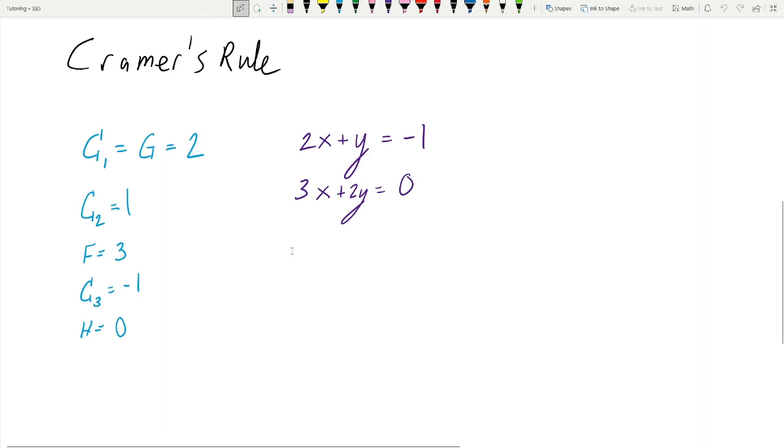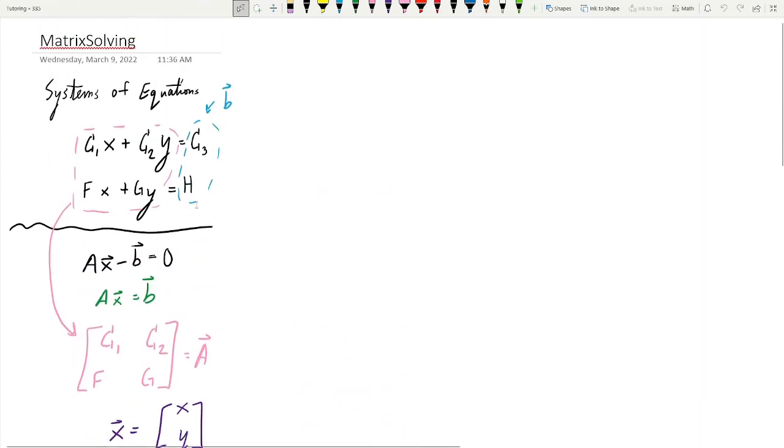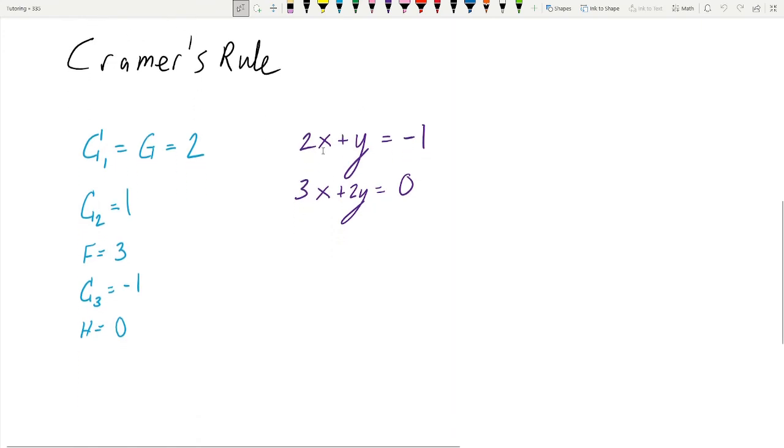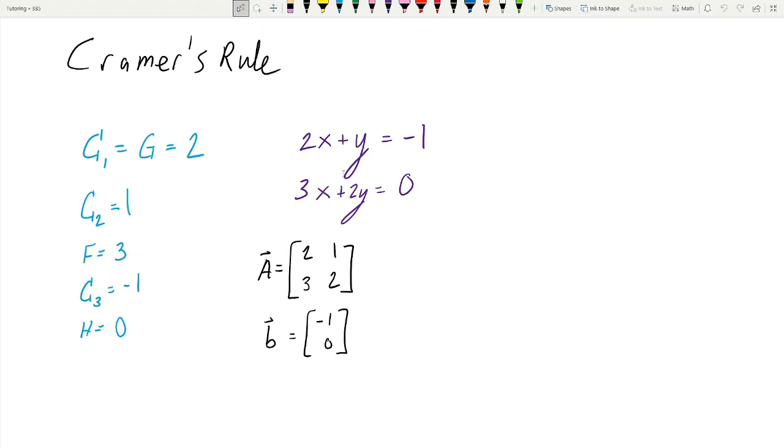Let me double check. Yep, okay, I believe I put that in there right. Just looking at this, we can see that A is equal to 2, 1, 3, 2, and B is equal to -1, 0. And then, like previously, X is equal to x and y, and we're looking for X.